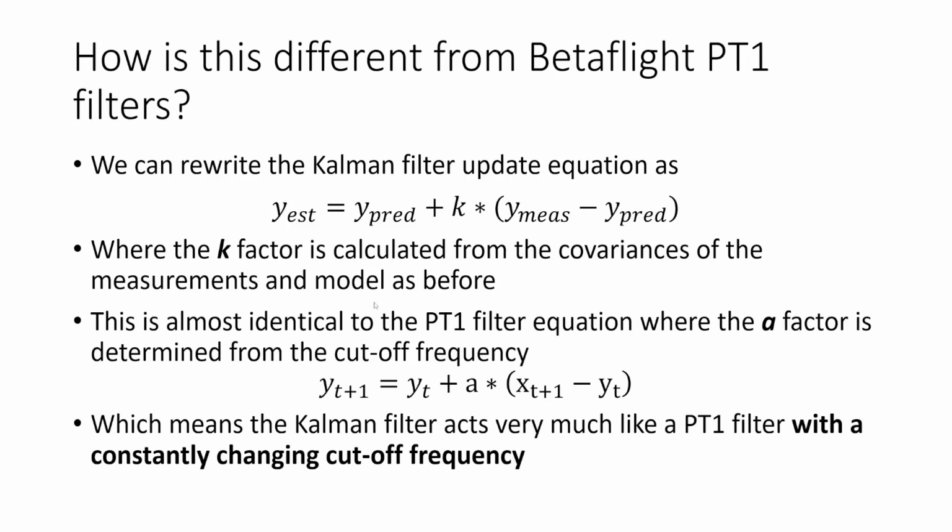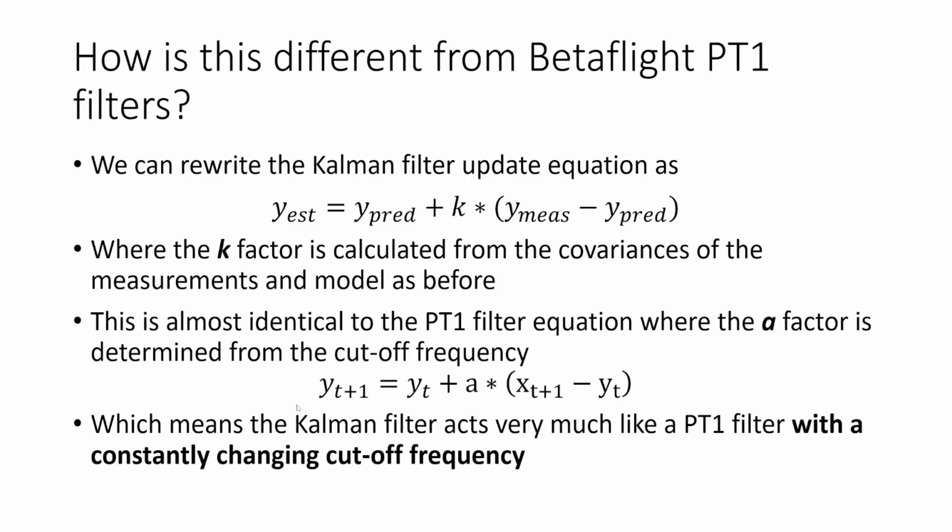But this is almost identical to the PT1 filter equation, where we have an A factor, which is determined from the cutoff frequency. So in the PT1 filter equation, the new estimate is the old value plus some weighting factor A times the current measurement minus the old value.